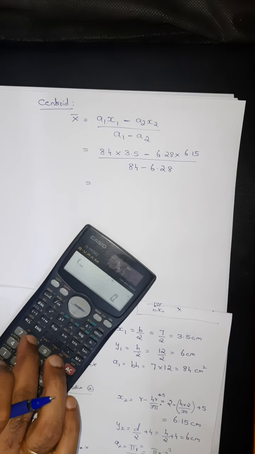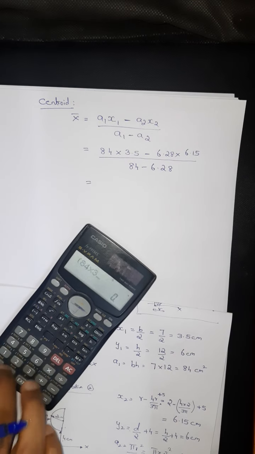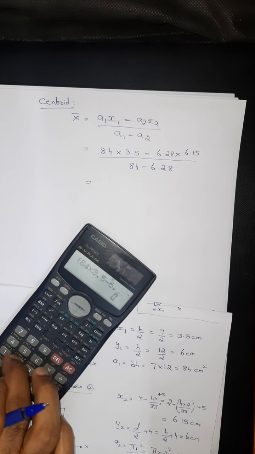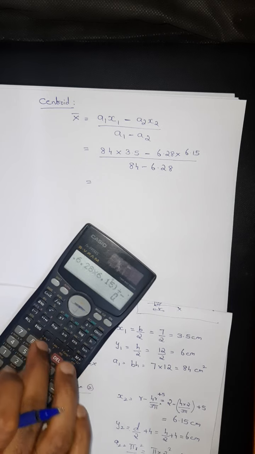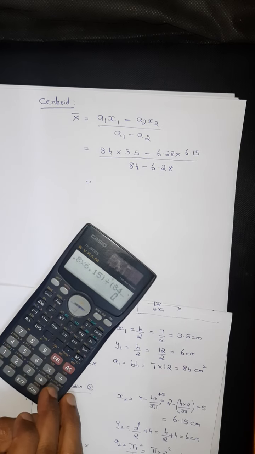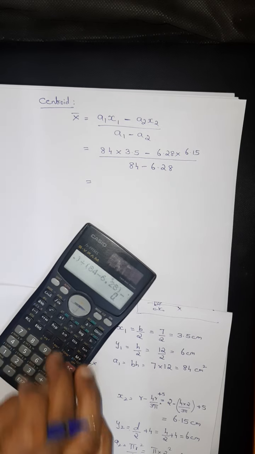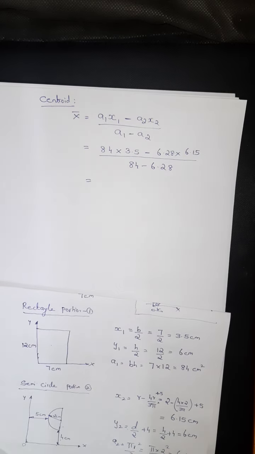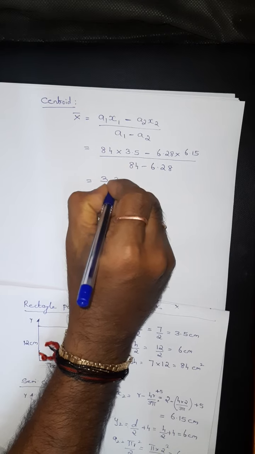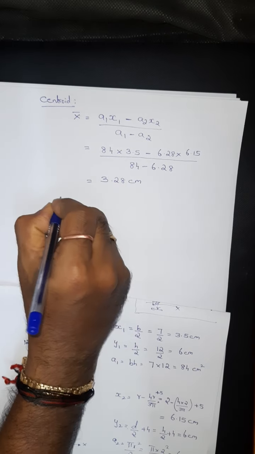Open the bracket, 84 into 3.5 minus 6.28 into 6.15, close the bracket, divided by, open the bracket, 84 minus 6.28, close the bracket. You will get 3.28 centimeter. Then what about y bar?